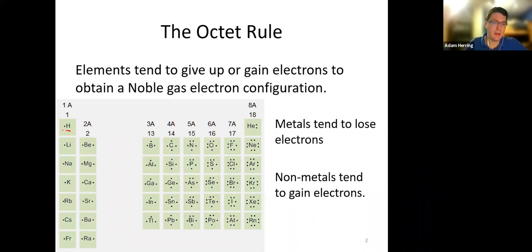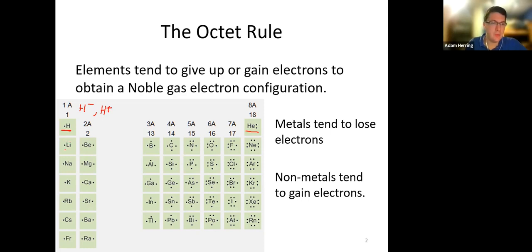It has one electron. It needs to gain one more electron to obtain the configuration of helium. So it can either gain one electron and be H minus, or we will see that it loses an electron, having none.